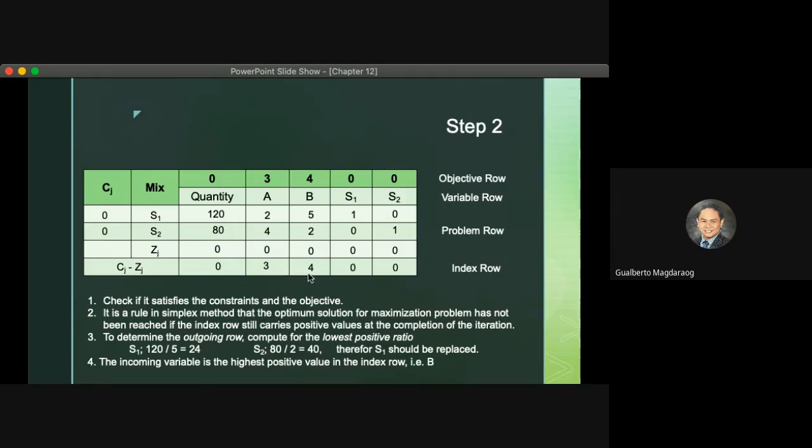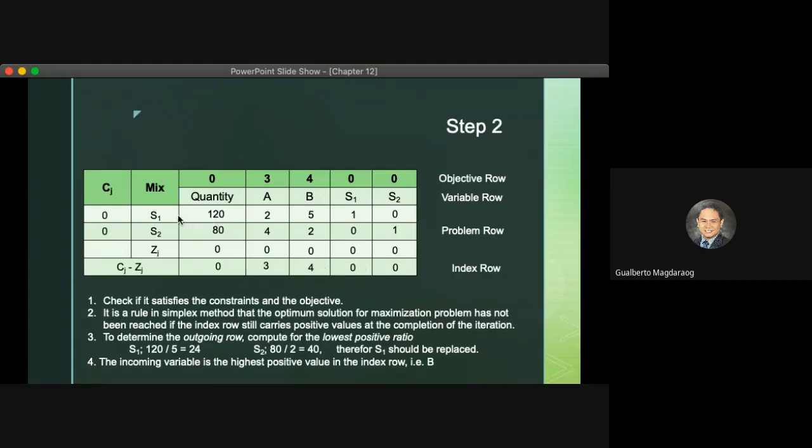So hindi pa natin na-reach yung maximum contribution margin natin because we still have positive values under our index row. So the next step is to look for the row that we need to replace. Kailangan nating palitan yung quantity na to, either yung 120 or yung 80, para matanggal natin yung mga positive values dito sa index row natin.